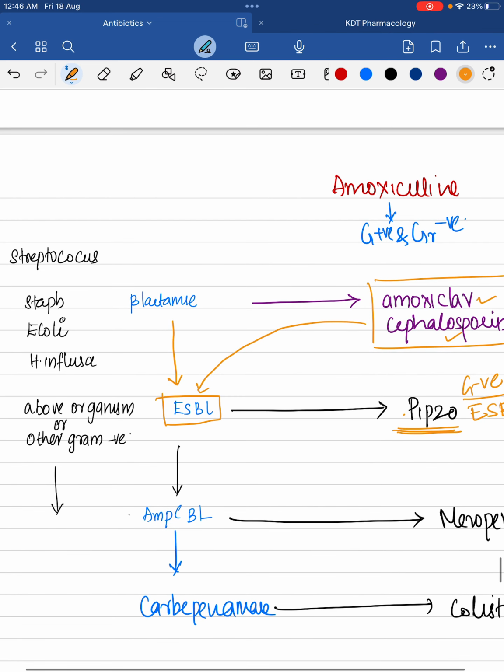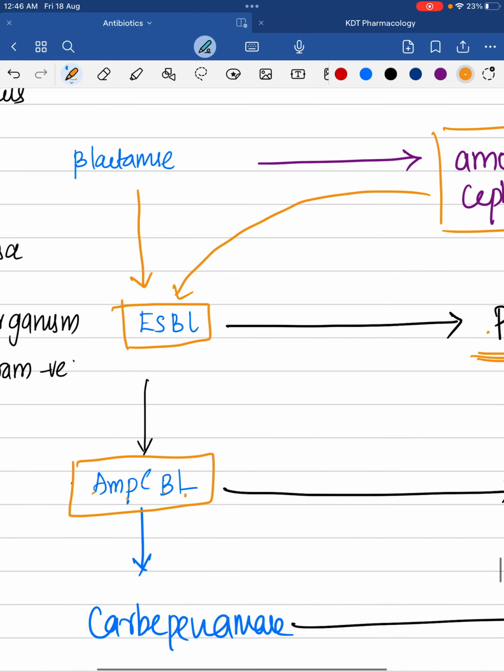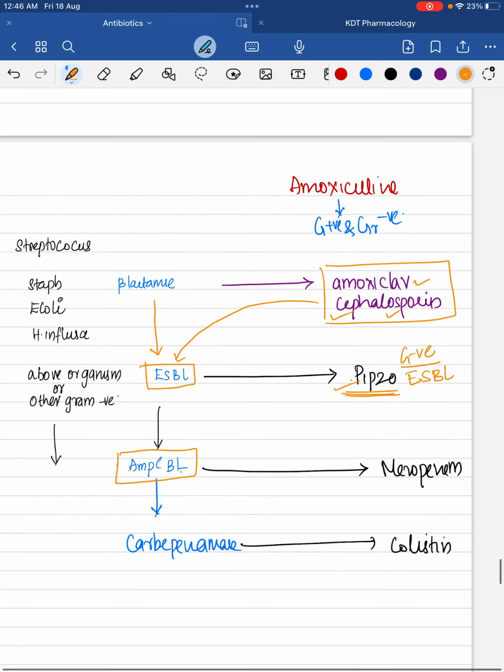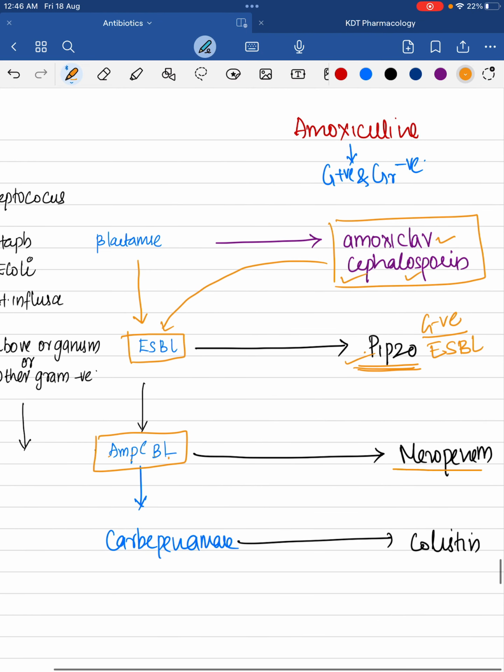After giving pibzo, some will start producing AmpC beta lactamase, which will inactivate the cephalosporins and pibzo also. So in that case we have to give meropenem.